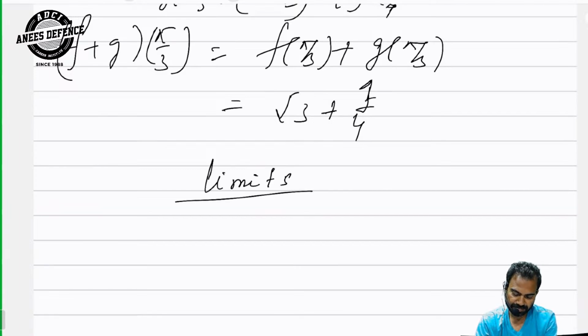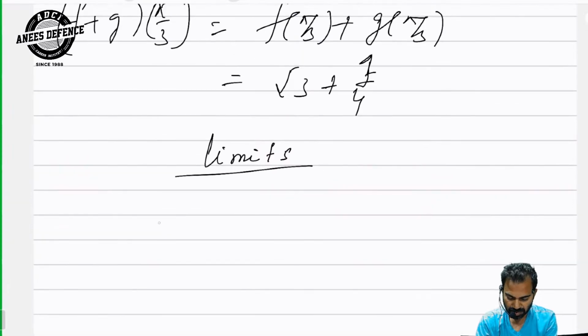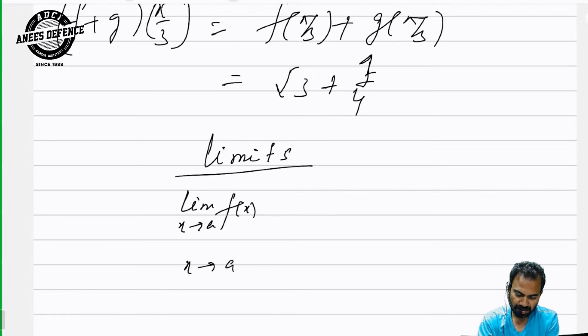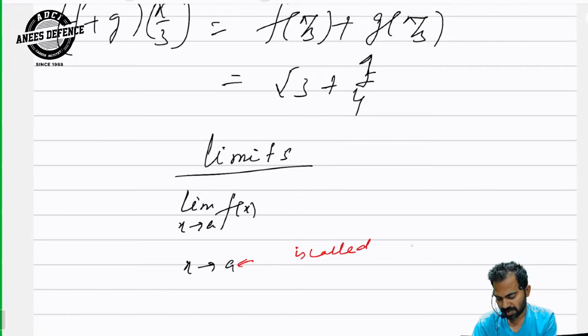Limit. Suppose that I have limit x tends to a of f of x. X tends to a, a is called the limit point.